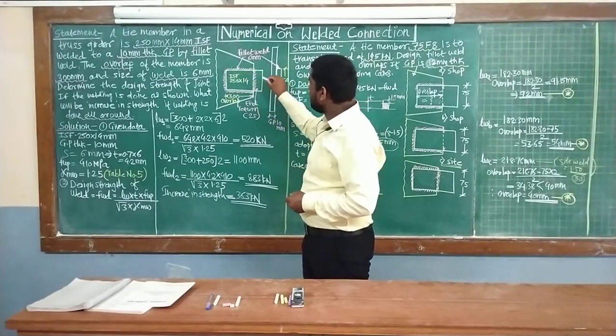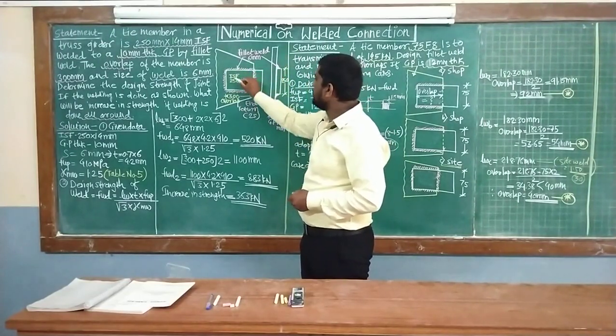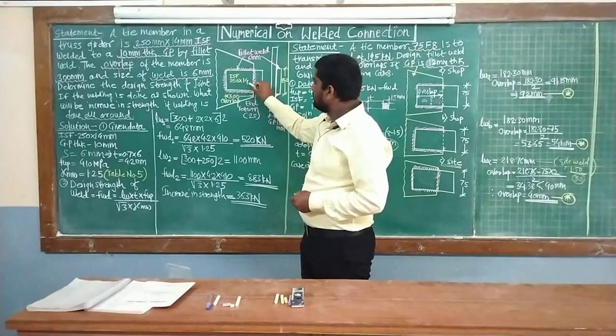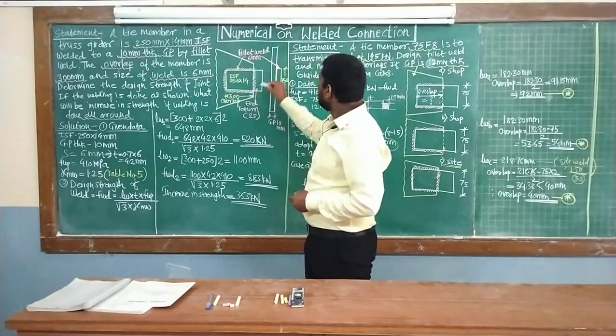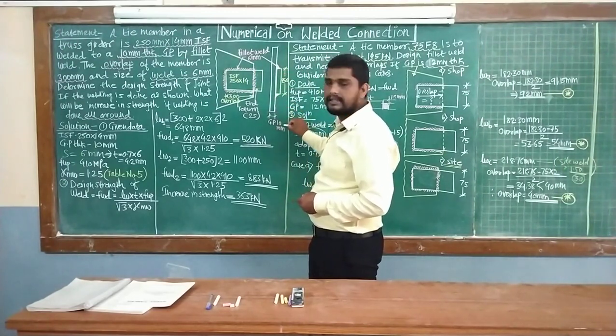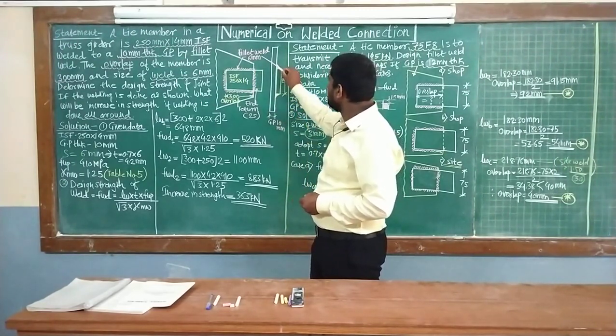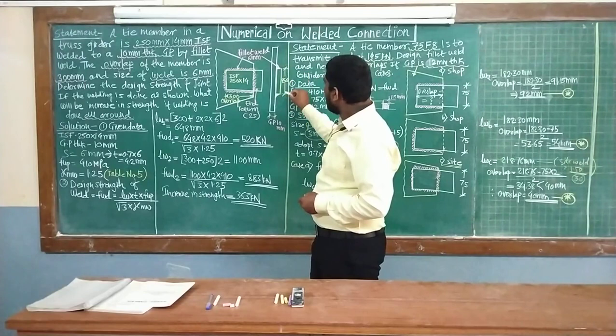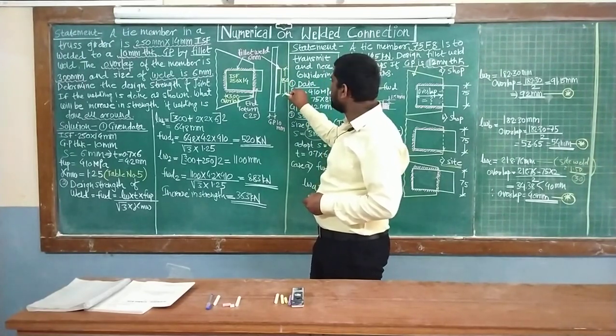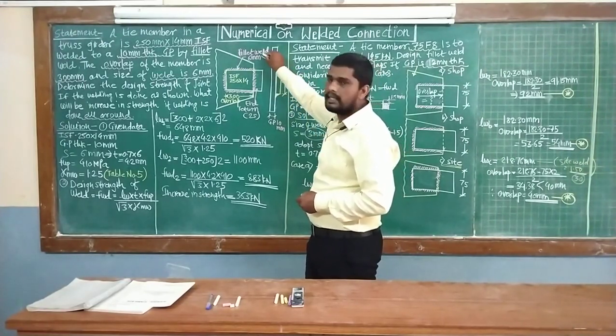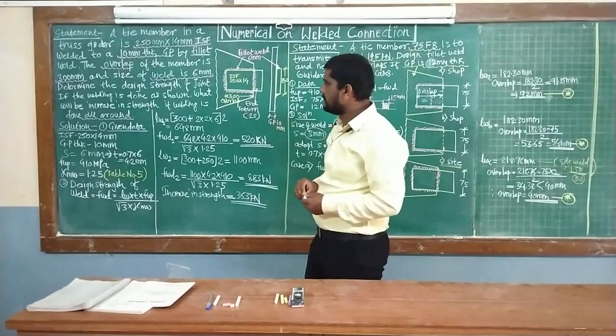This Indian Standard Flat Plate is given, that is 250 by 14 mm, where the gusset plate has 10 mm thickness and is connected at a distance of 250 mm by a fillet weld of 6 mm size.